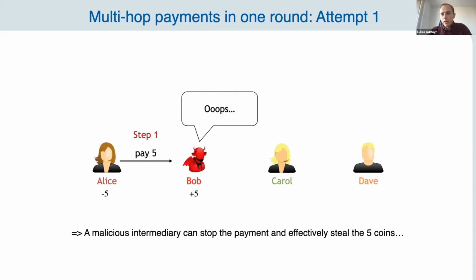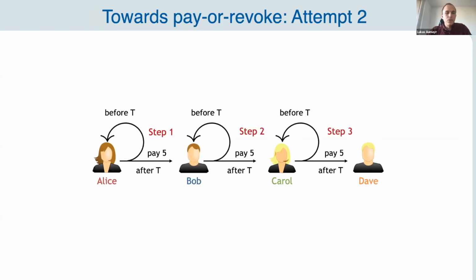So what we will do to try and solve this is the following. We can try and introduce a refund mechanism to this scheme. So what does this mean? Alice will now, instead of updating the channel with Bob directly to the state in which Bob gets the 5 coins, update the channel with Bob to an intermediary state that holds the following contract.